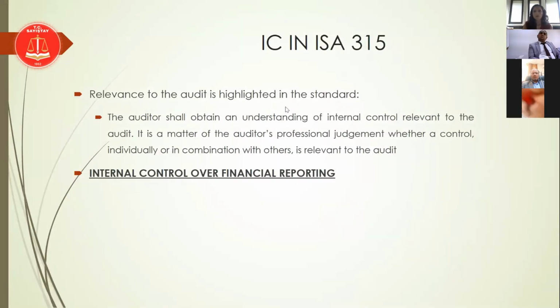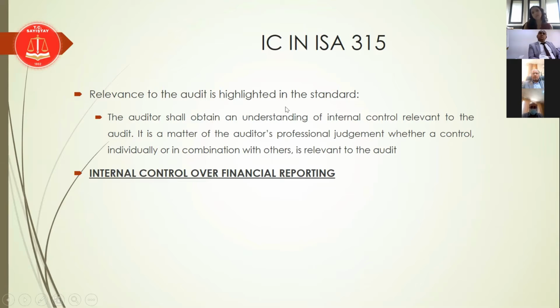So according to ISA 315, relevance to the audit is highlighted in this standard. The auditor shall obtain an understanding of internal control relevant to the audit. So it is a matter of the auditor's professional judgment whether a control individually or in combination with others is relevant to the audit.